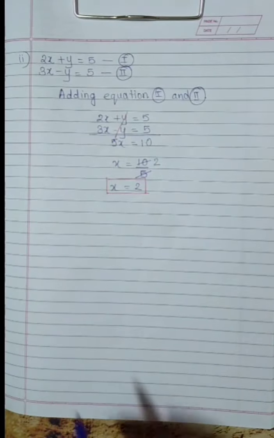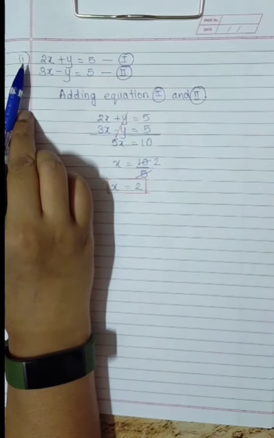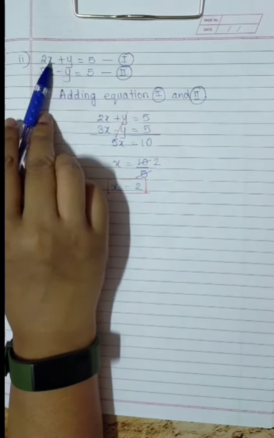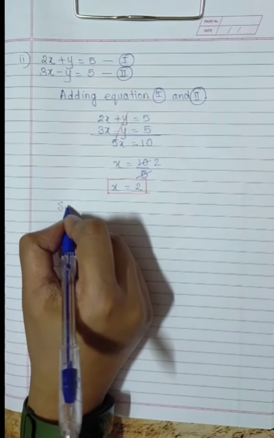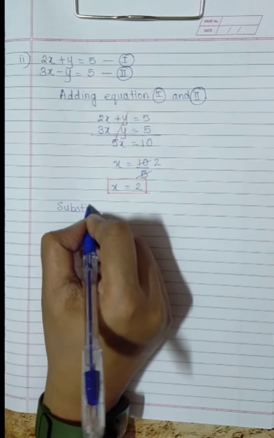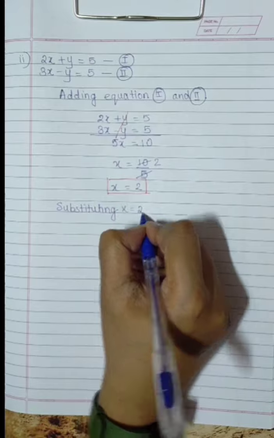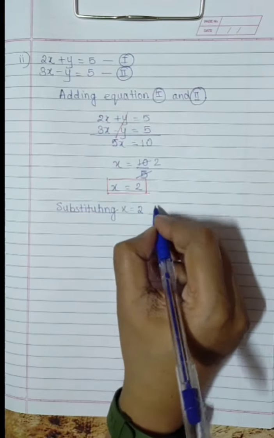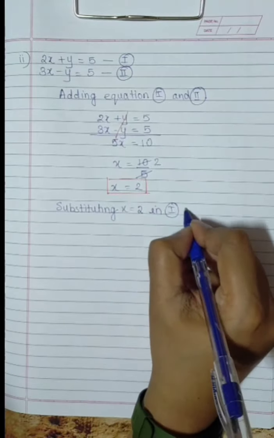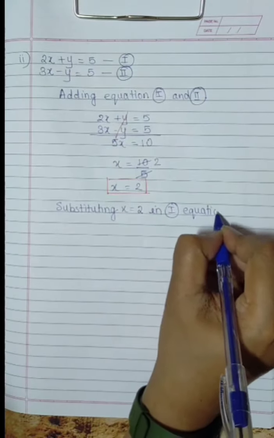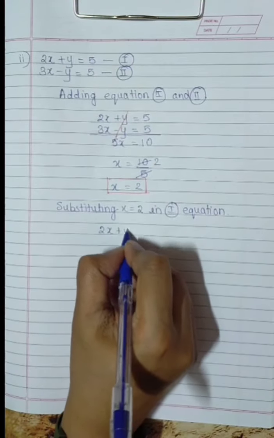Now we are going to substitute this x value in an equation, and whenever you substitute, use the positive equation. So I am using that. Substituting x equal to 2 in the first equation. Now 2x plus y equal to 5.